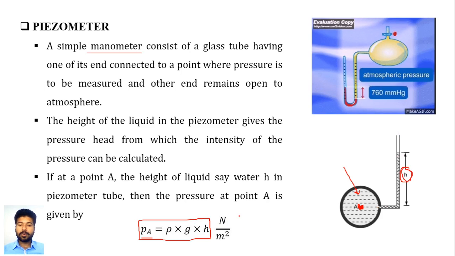So simple, the SI unit of this pressure is Newton per meter square. So this one is our piezometer.